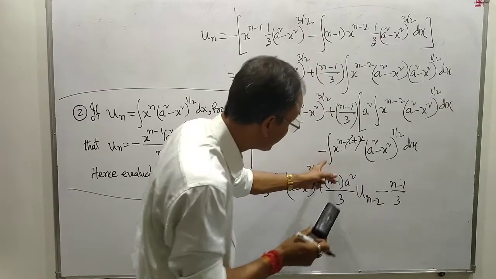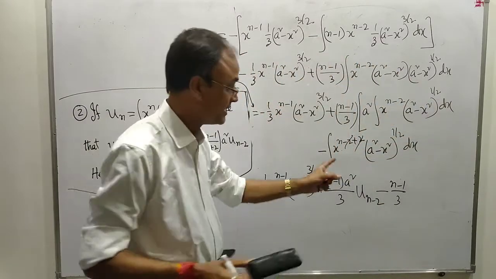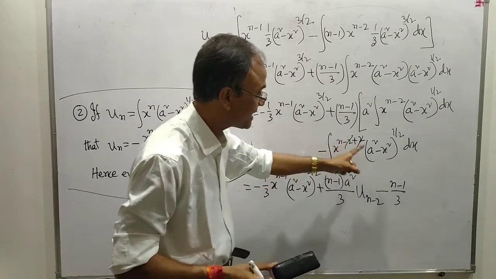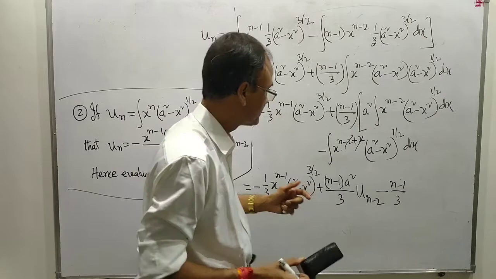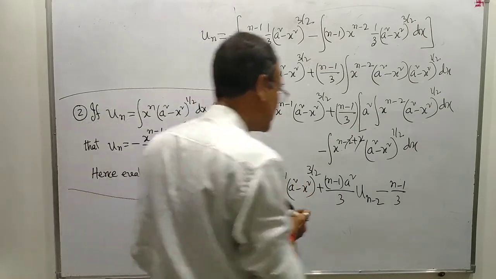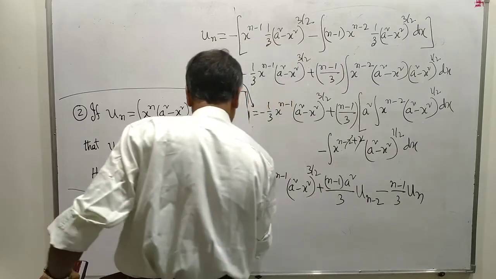What is this? Integration x to the power n (a square minus x square) whole to the power half. What is this? This is un. You may write here un. Left hand side was un.